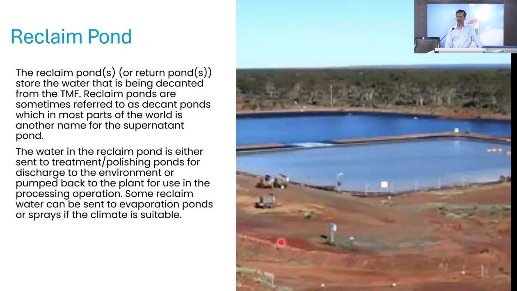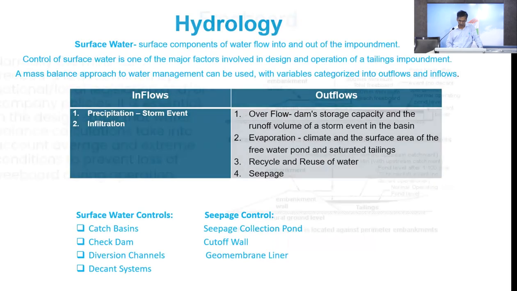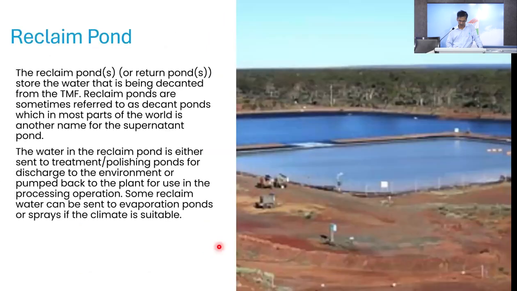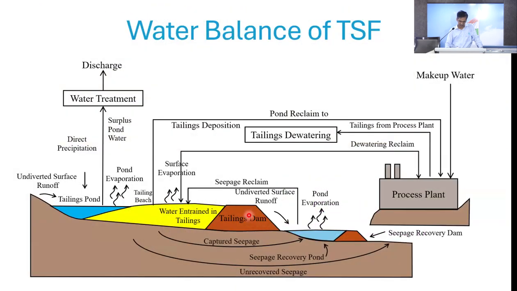Then the cut-off wall. Where do we provide it, and why? You see, suppose this water here, in the tailings dam, is passing through very close to it. What does a cut-off wall mean?